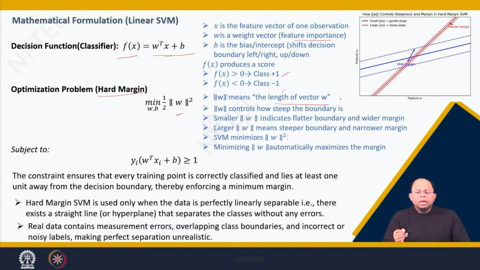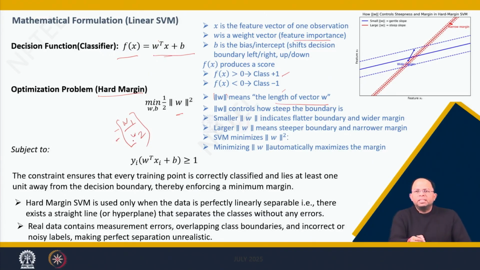What is w? If we have two features, x1 and x2, we have w1 and w2, so w represents the combination of w1 and w2, the weights of these features. Again, it is sort of a slope.